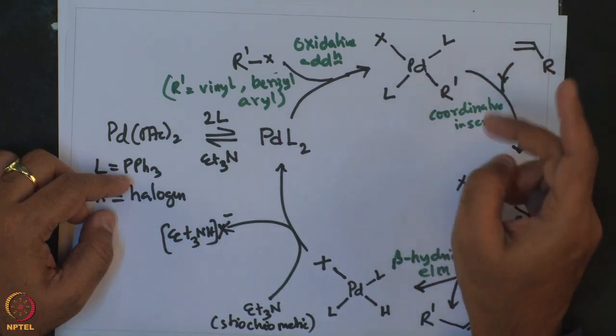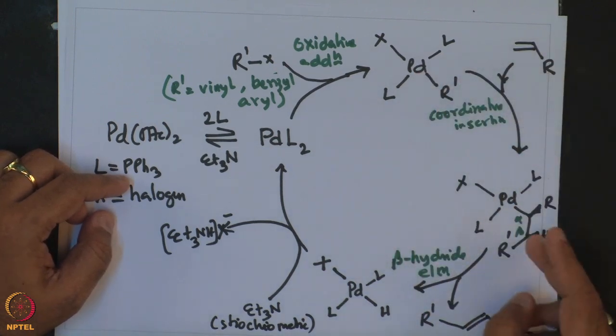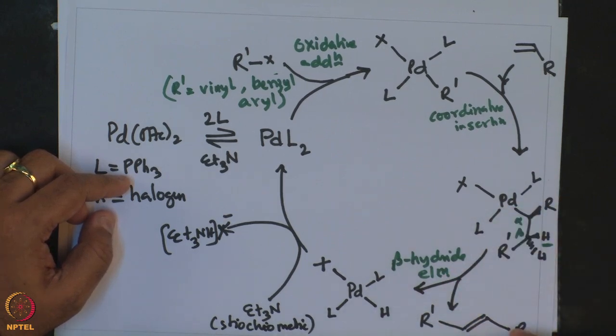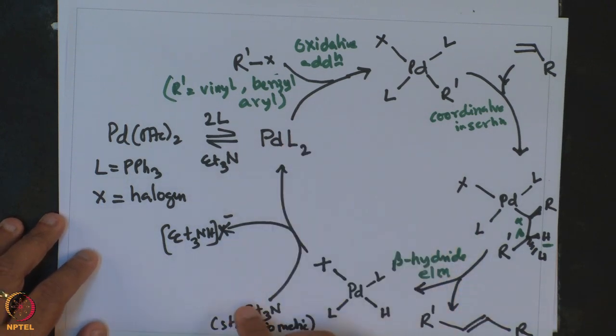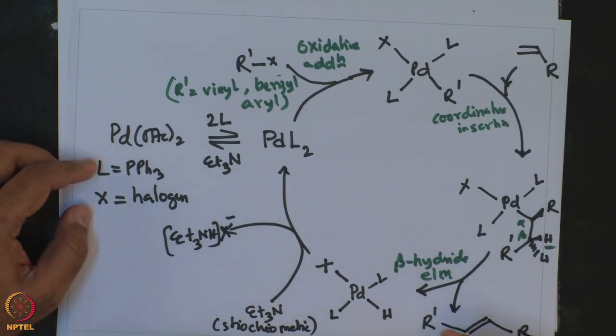Then the coordinative insertion on the palladium R dash bond with the olefin occurs, followed by beta hydride elimination, leading to the formation of the desired product, the substituted olefin, along with palladium hydride complex, which when treated with triethylamine regenerates back the palladium 0 with the elimination of HCl. So, this is by and large the established mechanism in which this unique cross coupling Heck reaction proceeds.